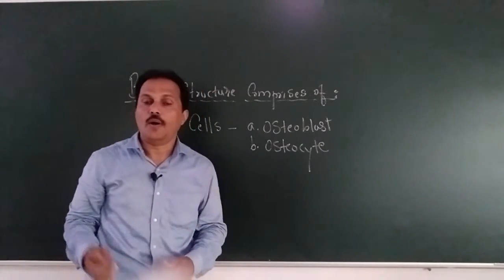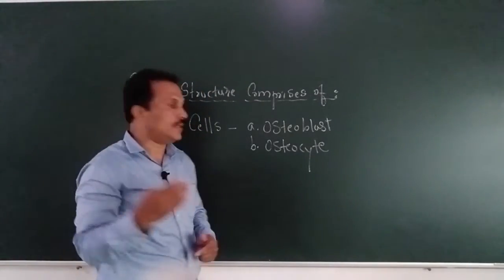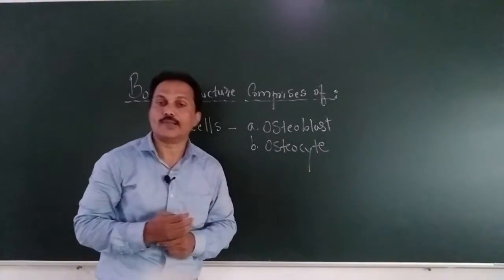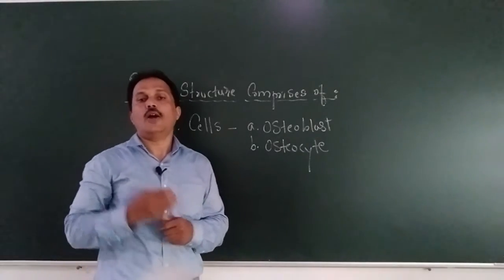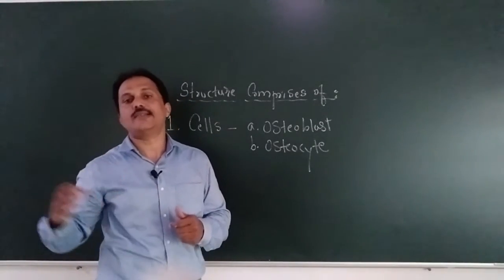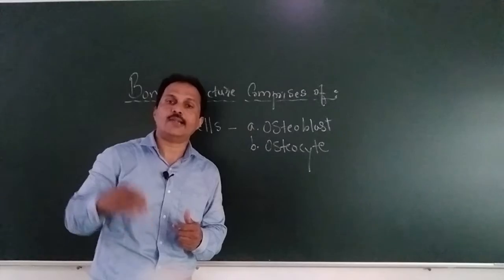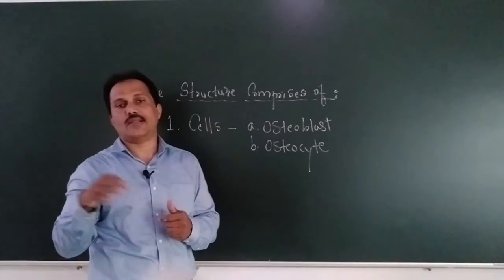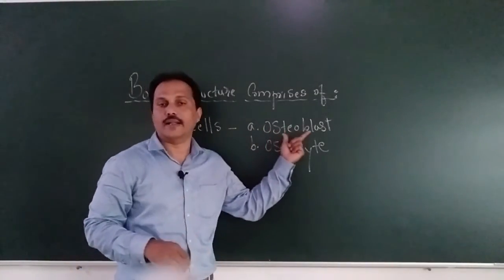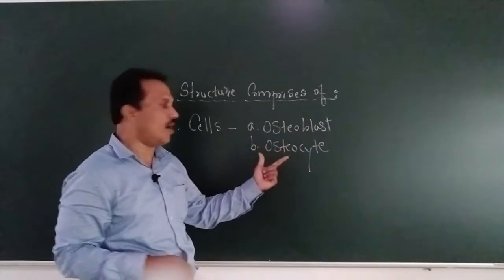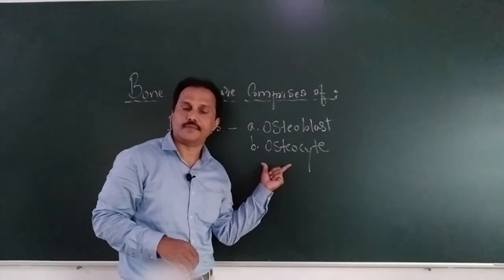How it is formed? Osteocyte is nothing but the mature osteoblast after secreting the matrix substance. After osteoblast secretes the matrix substance, it gets surrounded by the matrix, hardest matrix substance, it gets converted or it gets matured to form osteocyte.